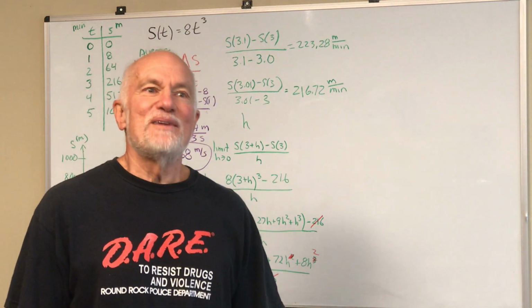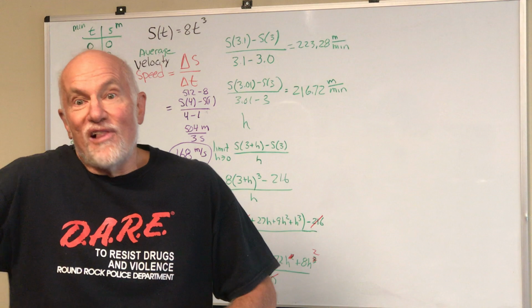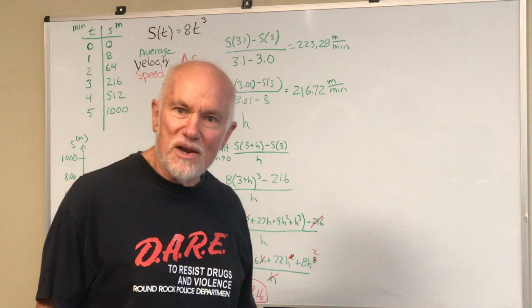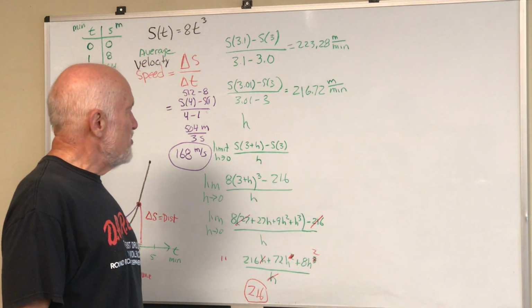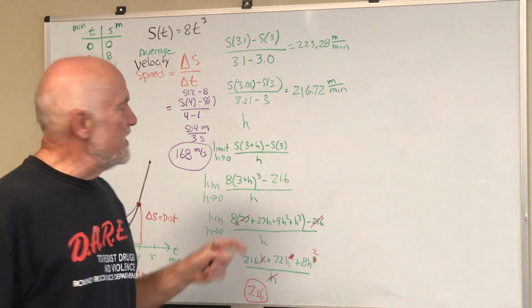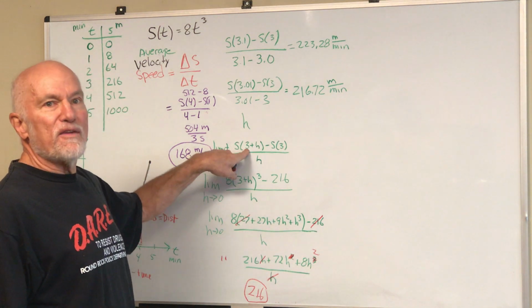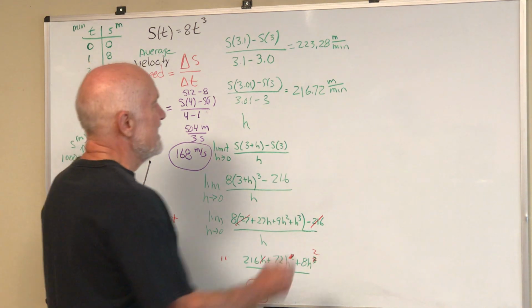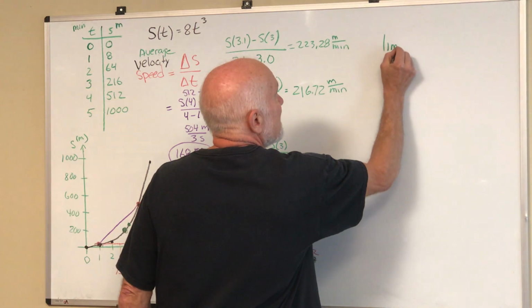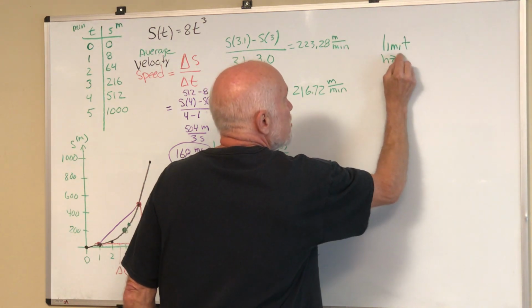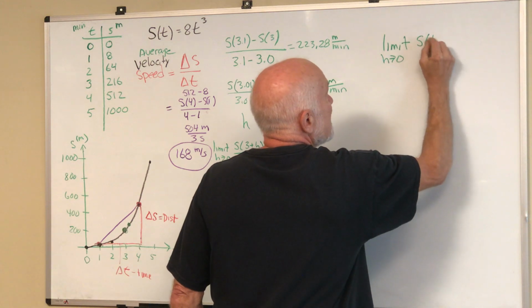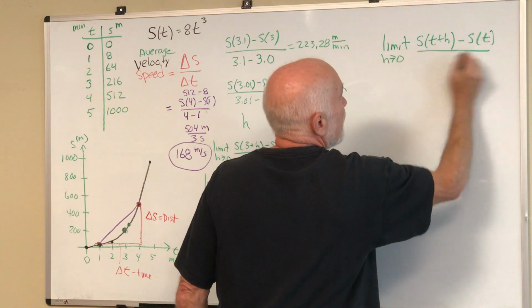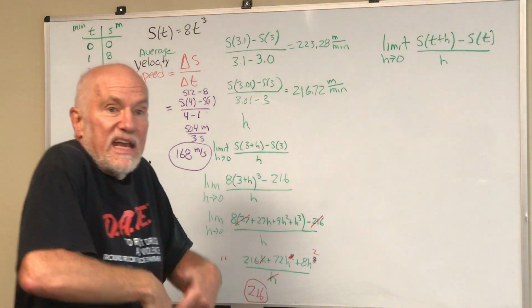But guess what? My wife then wanted to know what was our velocity at other times. So I said, oh, how many times do you want to go through? This is taking us quite a bit of time to just do one. So she said, maybe what we can do, instead of putting 3 and then 4 and then 5, maybe we can call this t. So we can take the limit as h approaches 0 of s of t plus h minus s of t all over h, and let t just represent any point in time.